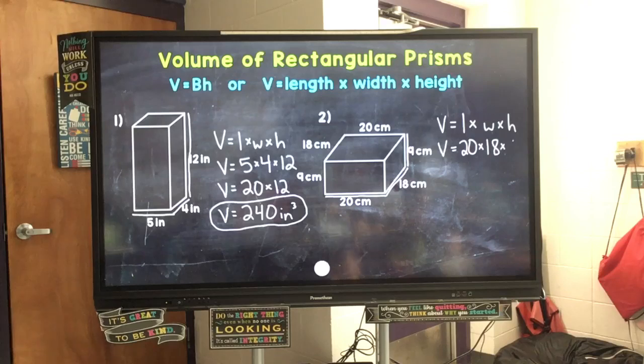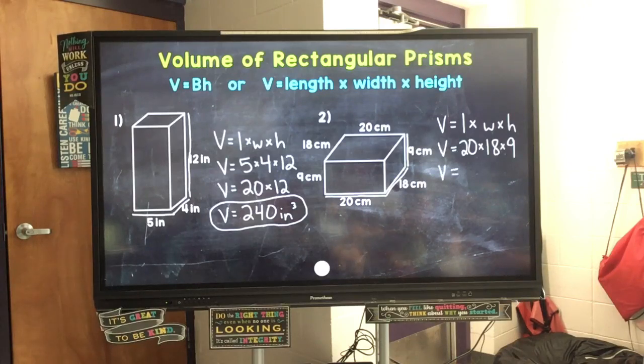So we picked out our length, width, and height. Now remember, don't get too held up on the length and width. If you were to use 18 for your length and 20 for your width, you're still going to get the correct answer.